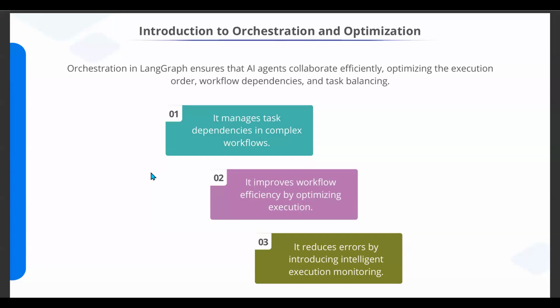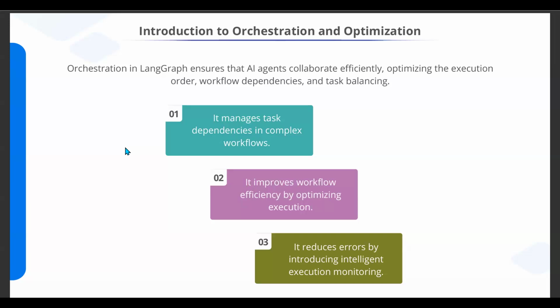There are 3 key benefits of orchestration. Number 1, it manages task dependencies in the workflow. Task dependency is all about one task having to finish before another task starts.